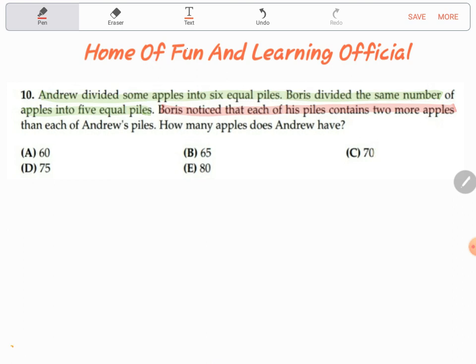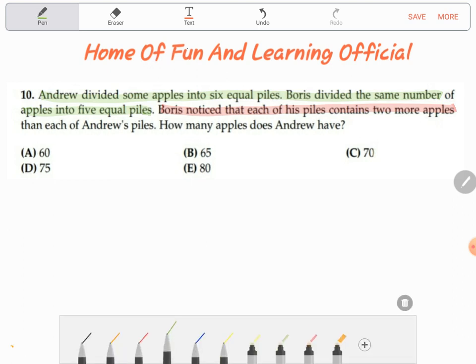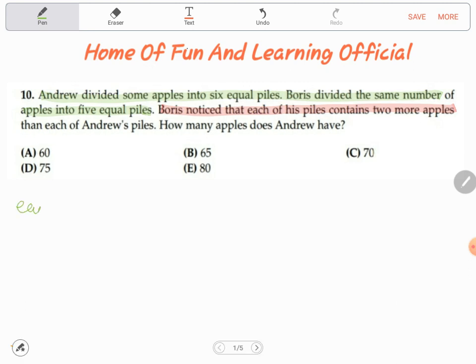Now let's suppose the number of apples that Andrew has in each of his piles, right? Each pile of Andrew has x apples.